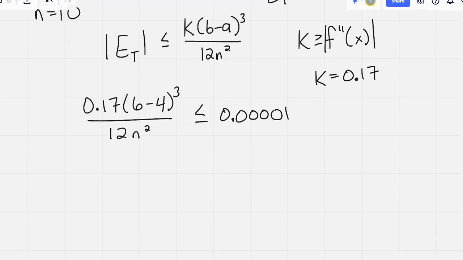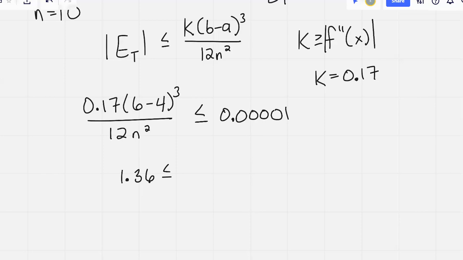Okay, now I have one unknown, n. I'm going to solve for n now. So 0.17 and 6 minus 4 is 2 cubed. 0.17 times 2 cubed would be 1.36. Then I'm going to take that 12n squared and multiply it to the right side.